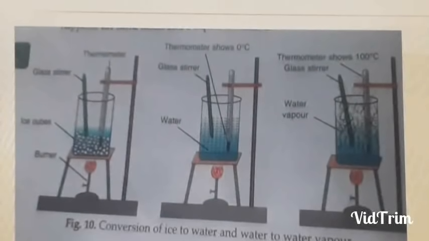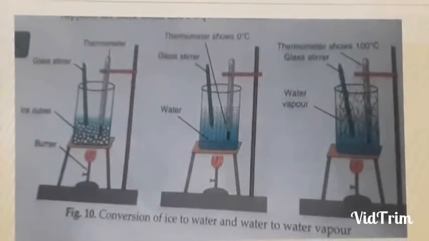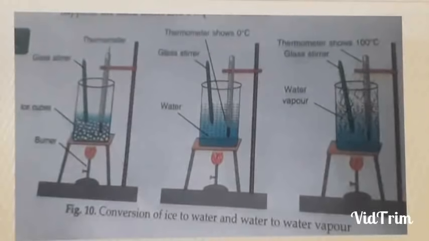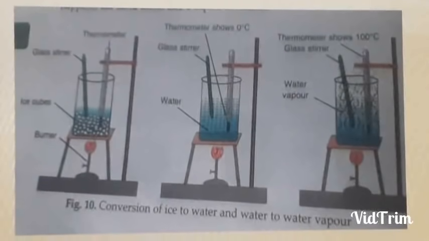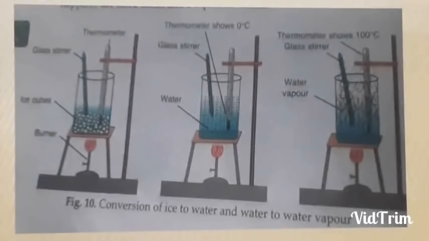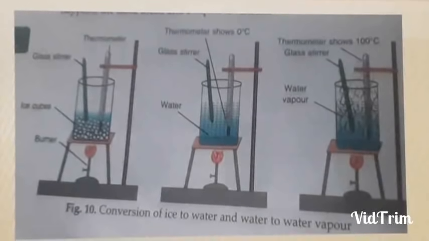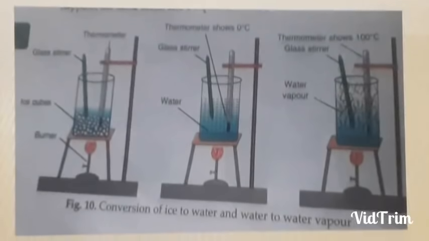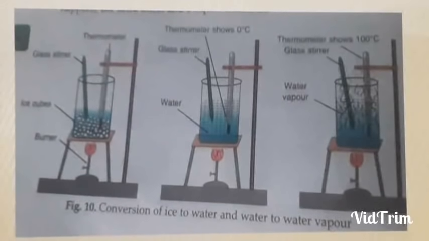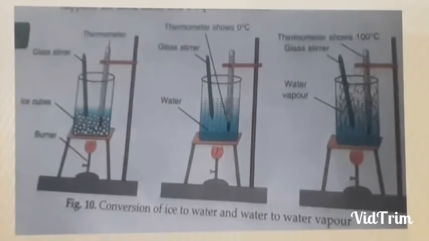So the particles can come closer because they are vibrating less now. They are in their own positions only. So this is how kinetic energy can be increased or decreased by heating or cooling, and accordingly we can change the state of matter.